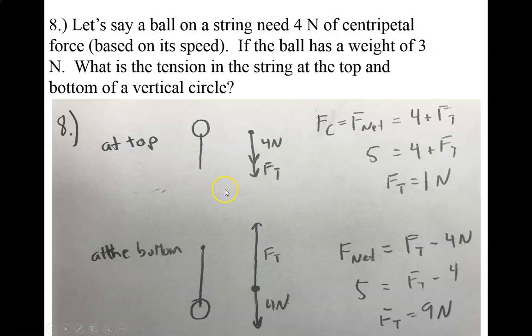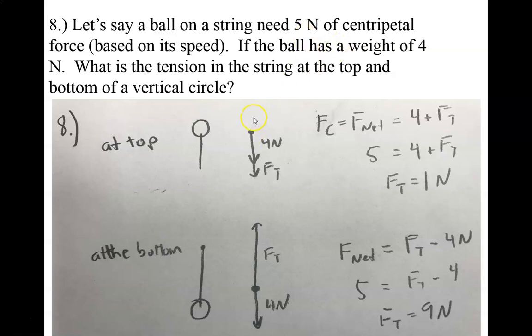Okay, so let's look at the top first. Sorry, let's modify that problem. Let's say it needs 5 newtons of centripetal force, and the ball has a weight of 4 newtons.